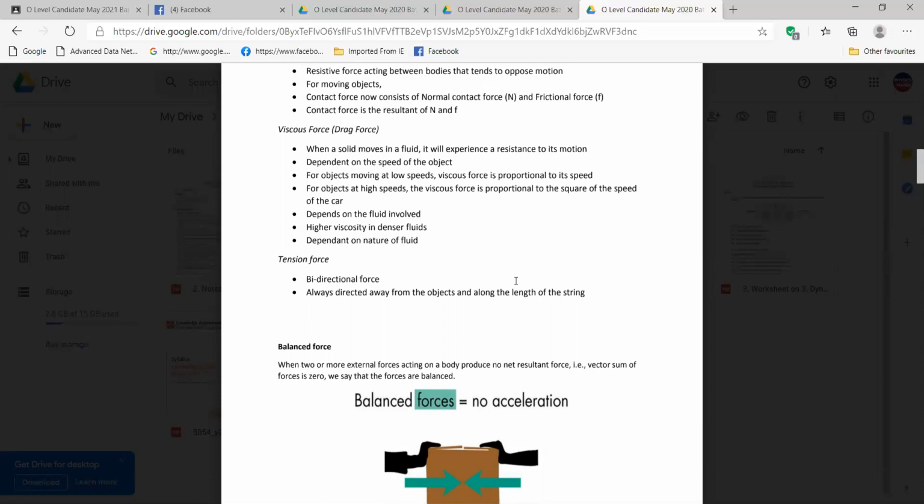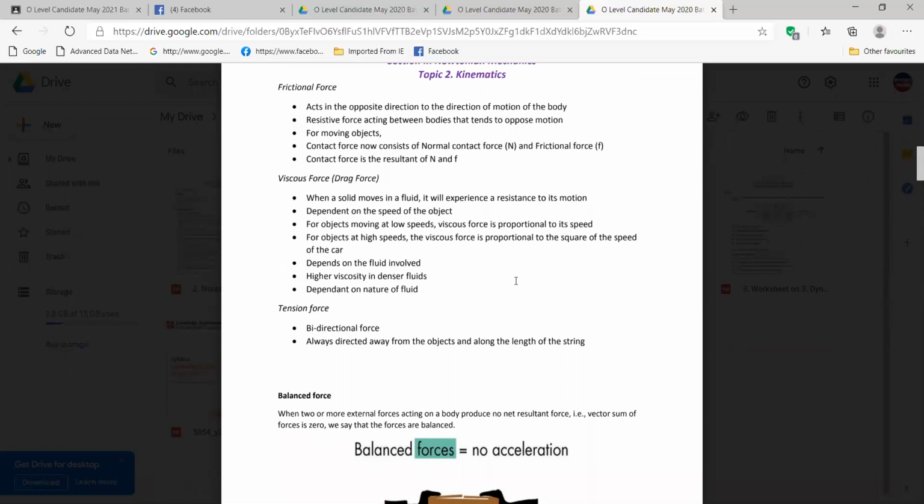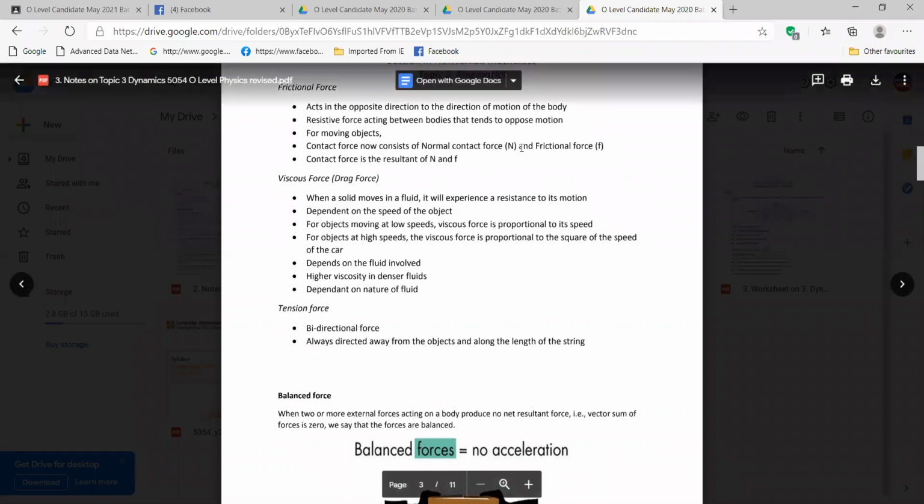So here we have normal contact force N and frictional force F. Contact force is the resultant of N and F. That means you have two forces, N and F, right?